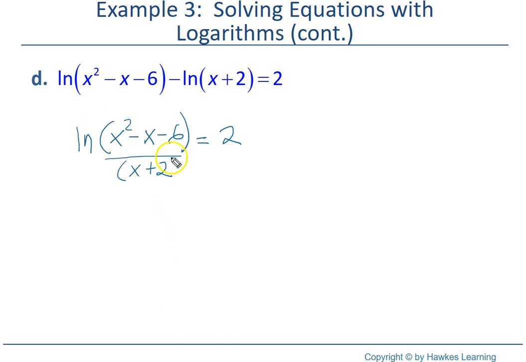But before we go any further, we can do a little bit of factoring here. So natural log, and this is going to be x, and this is going to be x.